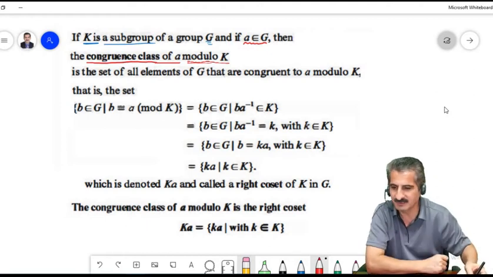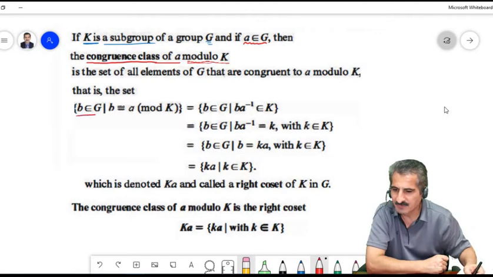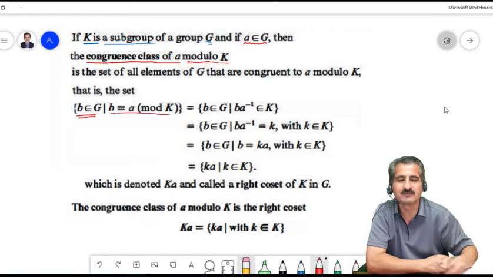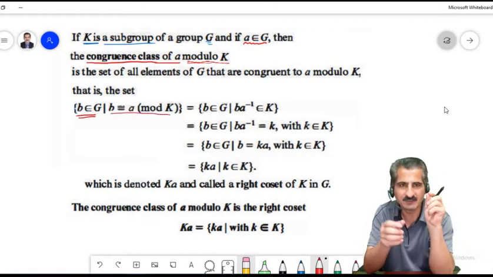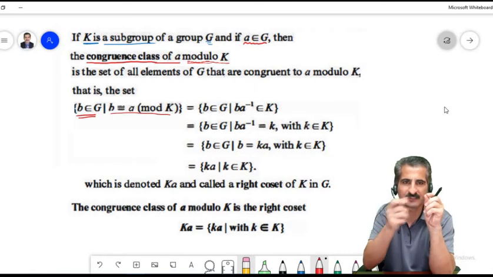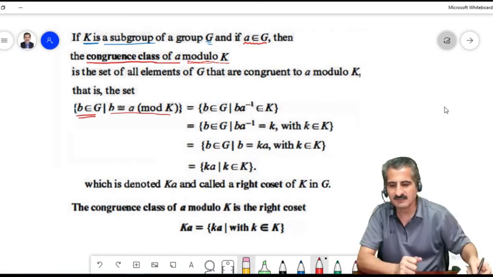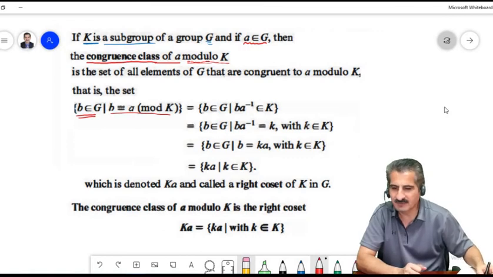I will choose B from G, elements that are congruent to A modulo K. So I have A in here, then I collected all elements that are congruent to it. Every time I called it B. To have an element B congruent to A means BA inverse is in K. So BA inverse equals some small k.